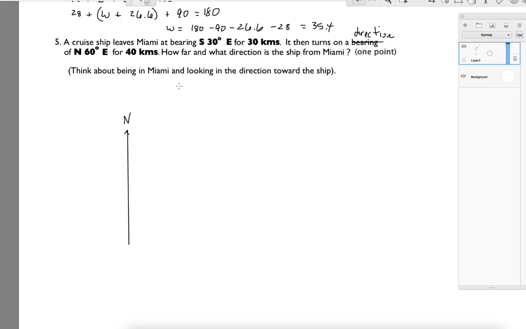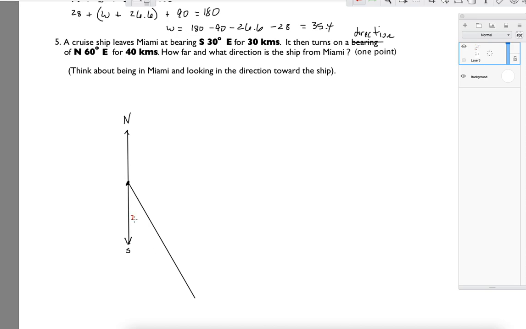So I'm going to draw a north line, and then we're going to go 30 degrees for 30 kilometers. So something like that, maybe. And this is going to go, I'm going south. Goodness. Okay, I'm going southeast. All right, so how about let's put up another point here, and so this is south, and I'm going to go south 30 degrees east for 30 kilometers.